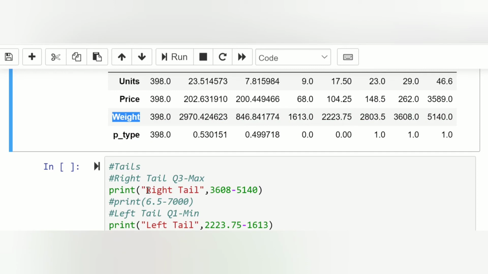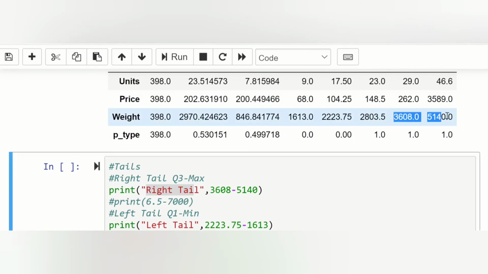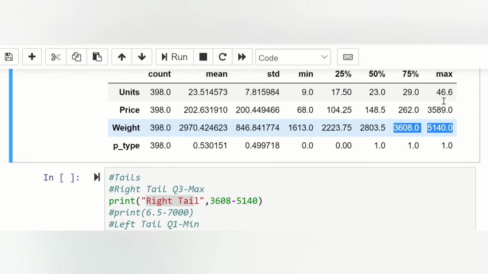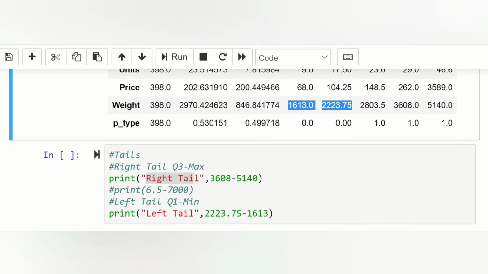The right tail of the distribution is nothing but the difference between Q3 and maximum. And similarly, the left tail would be this value, which is Q1 minus minimum. And that's what I've done here.